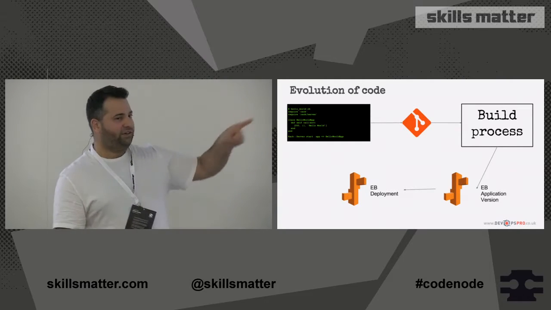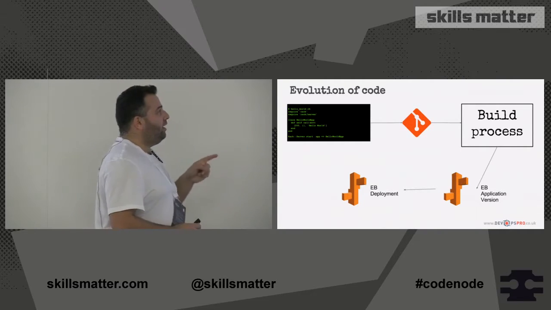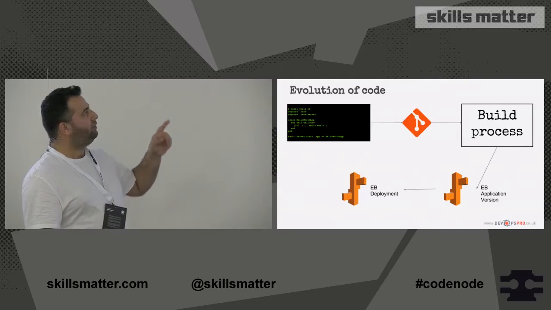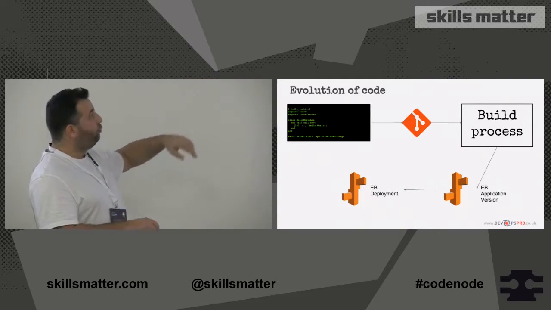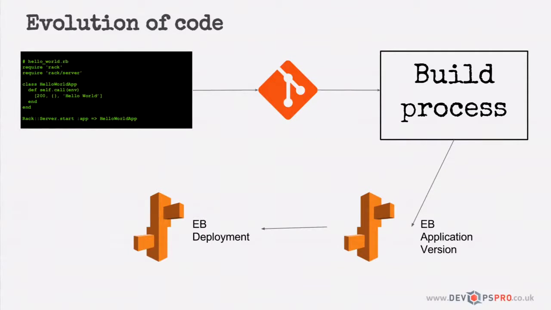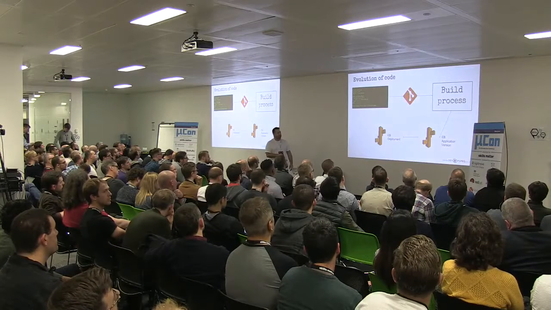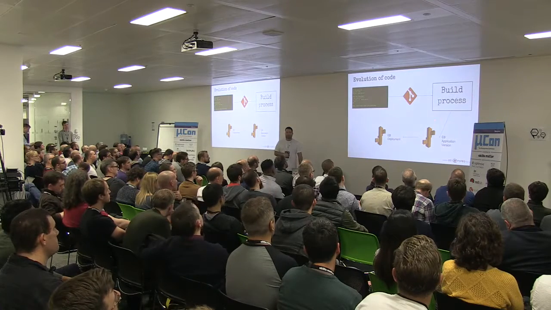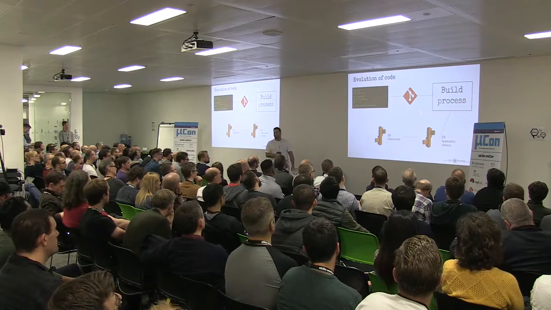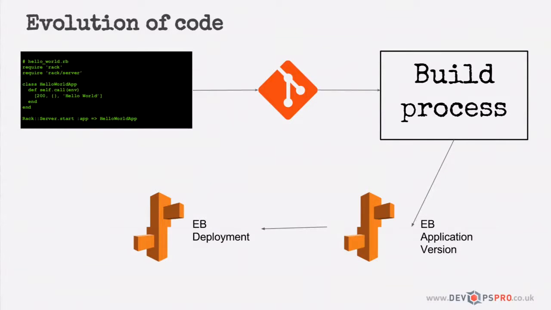The process is very simple, as you can see. I'm dropping the whole build process right now, but this is a small Ruby application that just returns a hello world. Usually we push it to Git. Afterwards, there's the build process, which I totally ignored right now. But usually what it does, it tests your code.